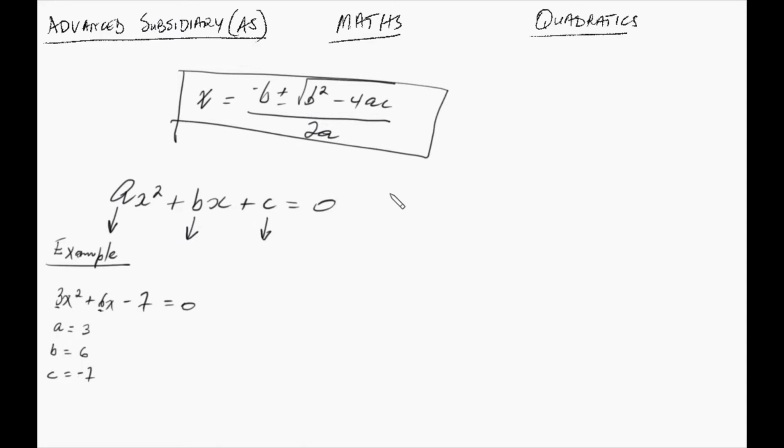It's because when you use the quadratic formula, you are going to say, okay, I have x equals negative b.